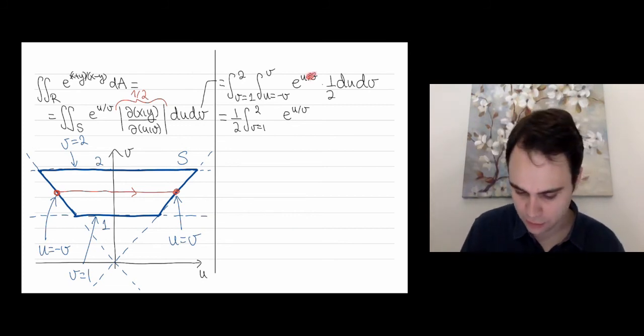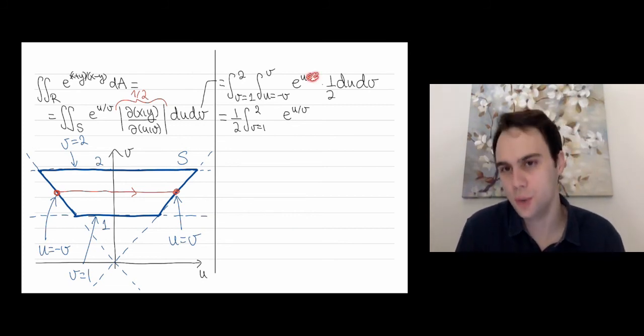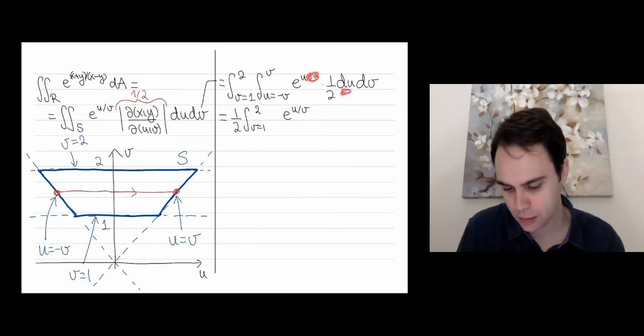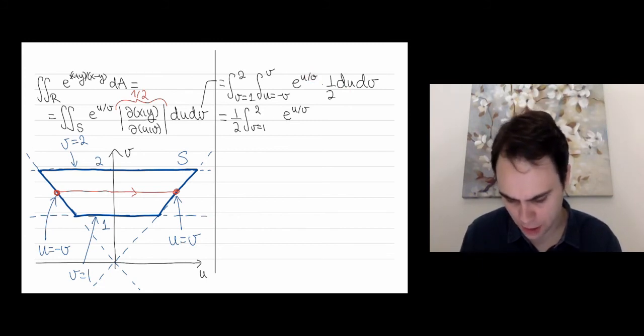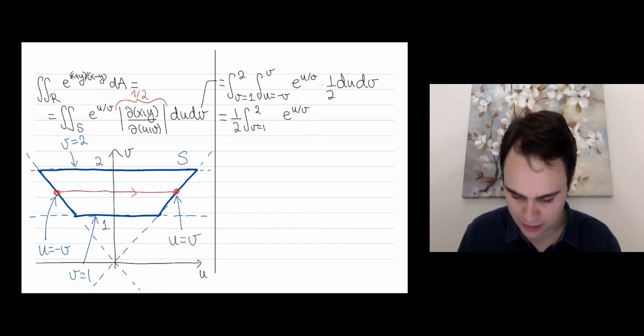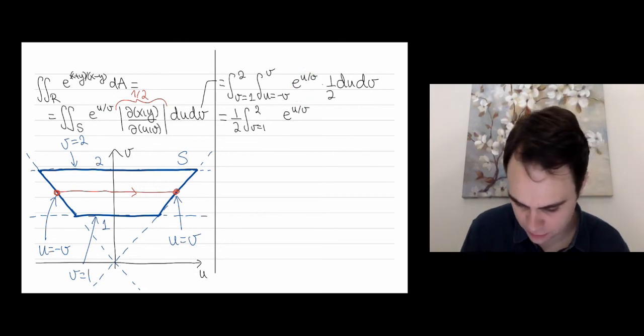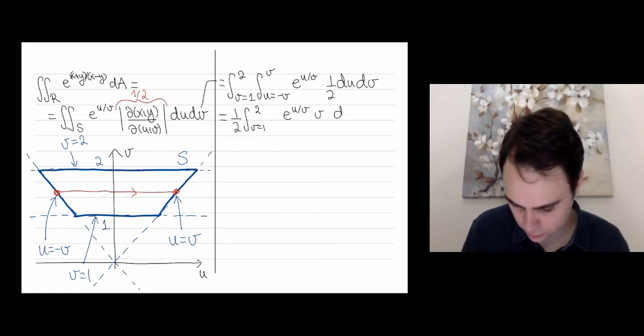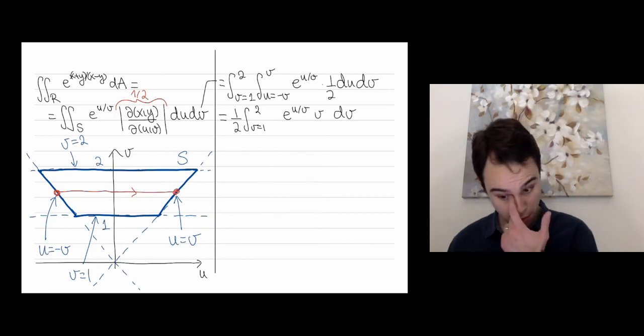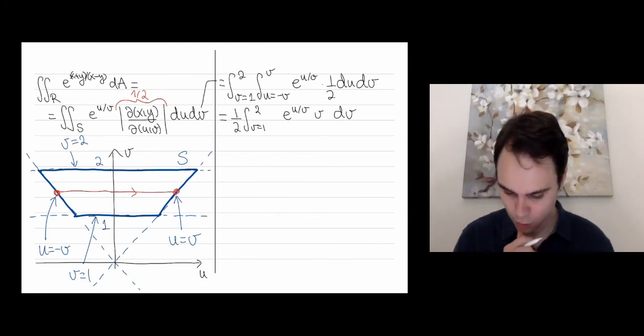If we didn't have a v here, the integral of e to the u would be e to the u with respect to u. Now we have a v, so let's modify that. Let's look at the primitive e to the u over v. Let's differentiate this. I'm going to get e to the same thing multiplied by the derivative of what's inside. The derivative of what's inside with respect to u is 1 over v. Because I don't want to see that here, I'll multiply this by v.